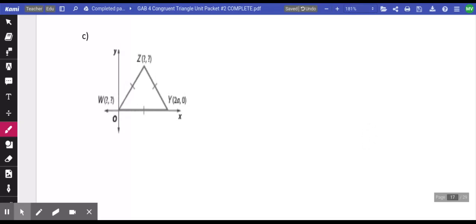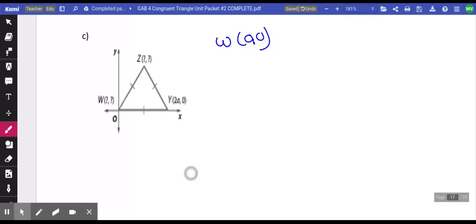Equilateral triangle. This is our most challenging. So W is easy again because it's at the origin. Now, this is challenging because we have to find the coordinates of Z in terms of a. Knowing that it's an equilateral triangle also means that it's isosceles.